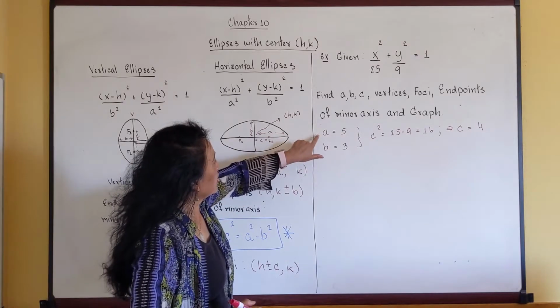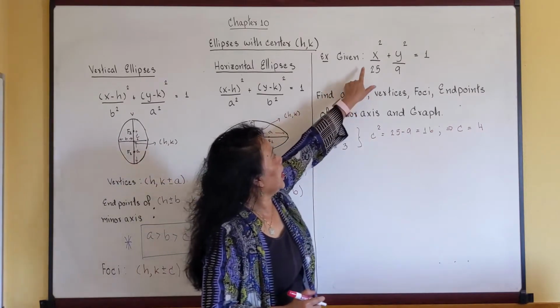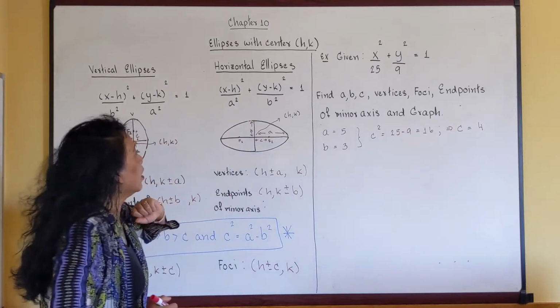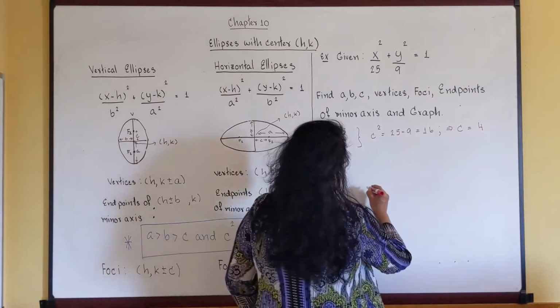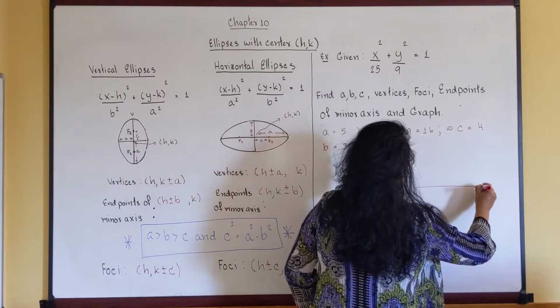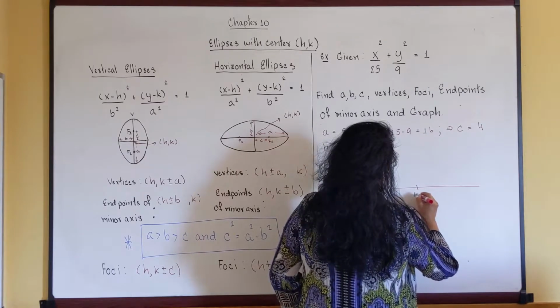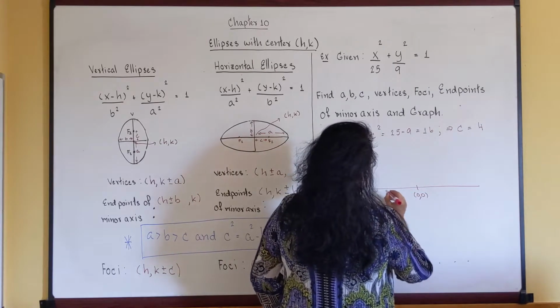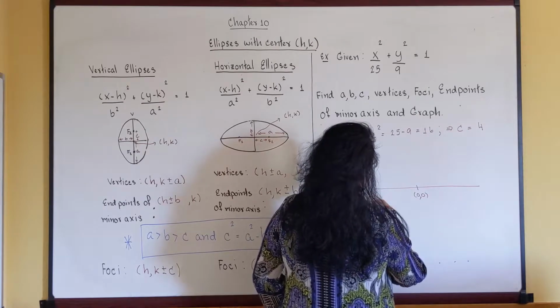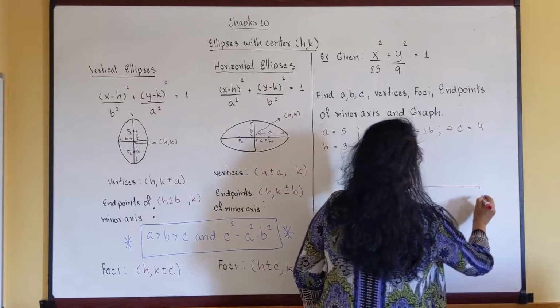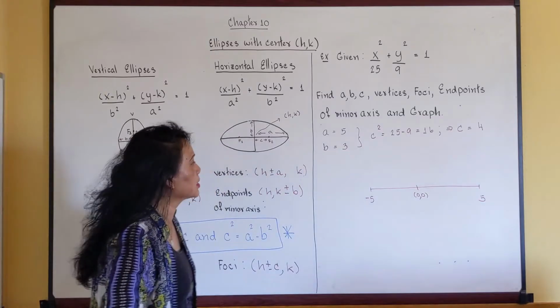As you see, A is with the X, so it's going to be a horizontal ellipse. If you draw the picture, the center is 0, 0. Let's say minus 5 over here, 5 over here. That's going to be your vertices.